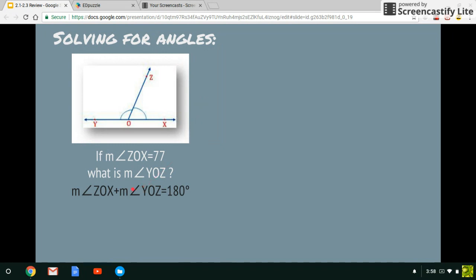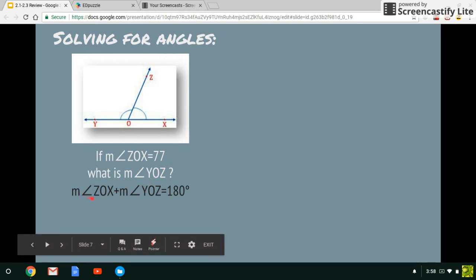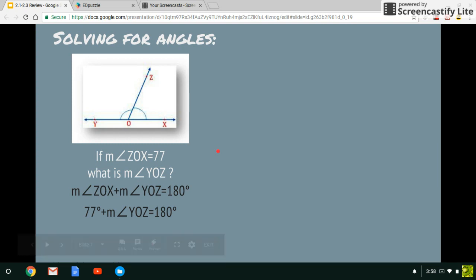So we can put them added together, so the measure of ZOX plus the measure of YOZ equals 180 degrees. Then we can substitute in 77 degrees for the measure of angle ZOX. And then we just have to use our algebra skills to solve for angle YOZ. So we subtract 77 from both sides. And then we get that the measure of angle YOZ is 103 degrees. And then we're all done.